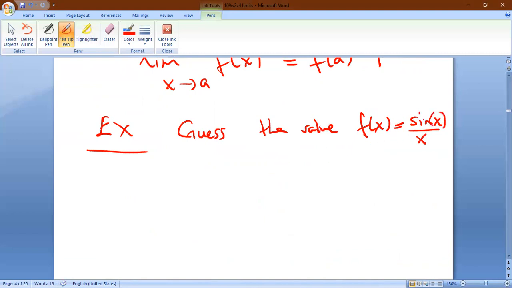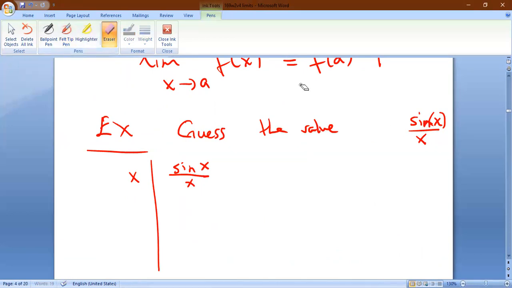So if you make a table of values, x, sine of x over x, guess the value. I should have written limit here. So the limit as x goes to 0 of the function sine of x over x.